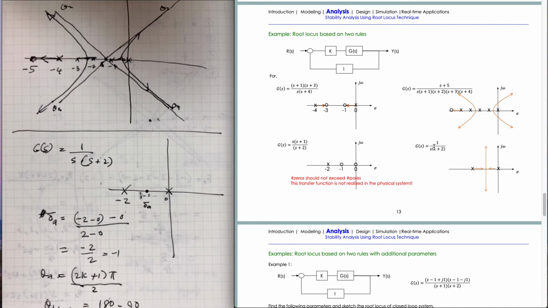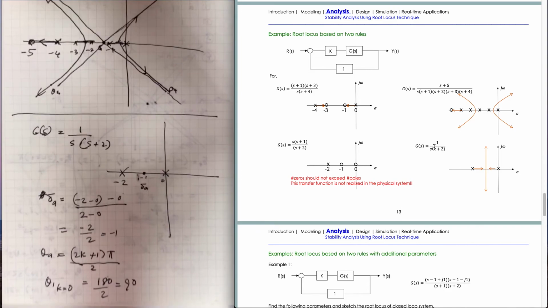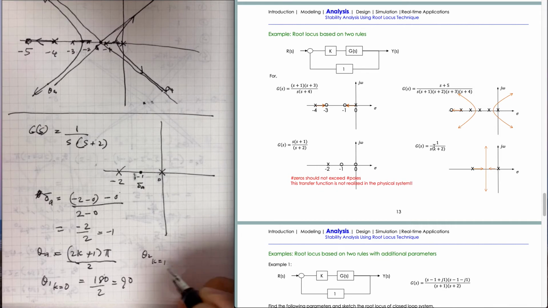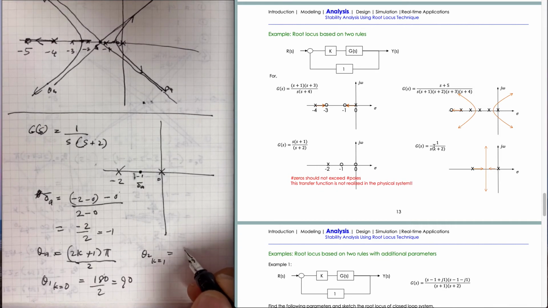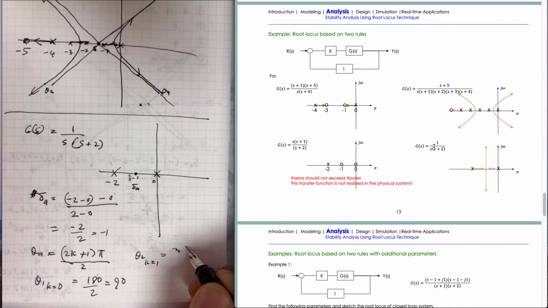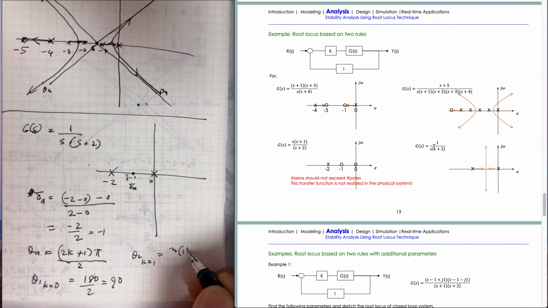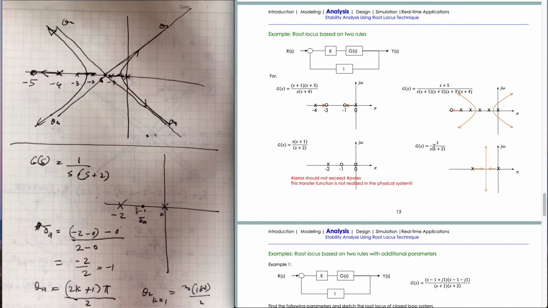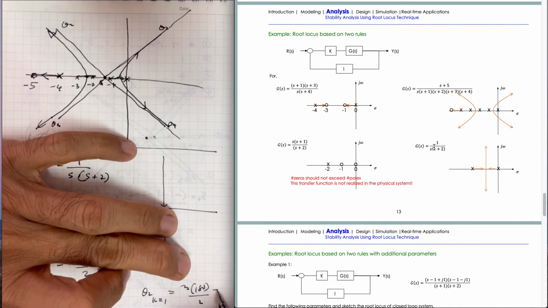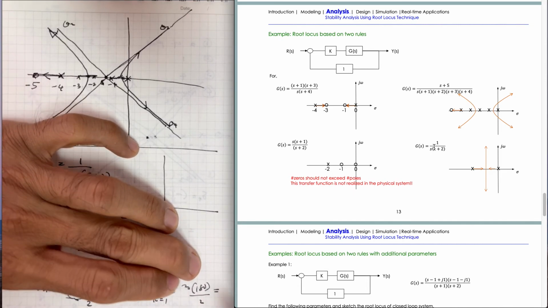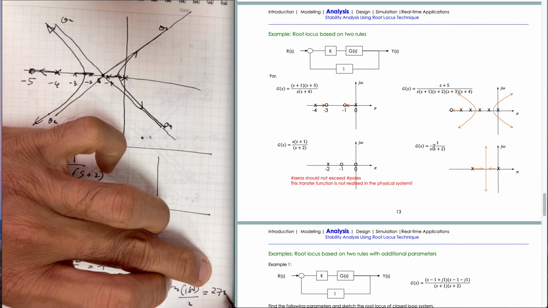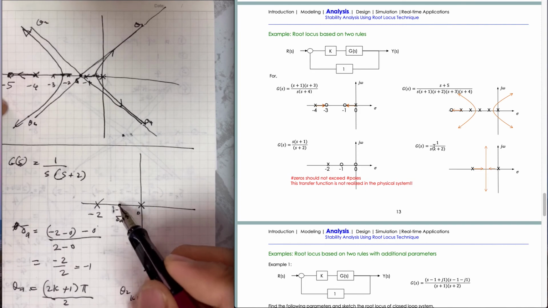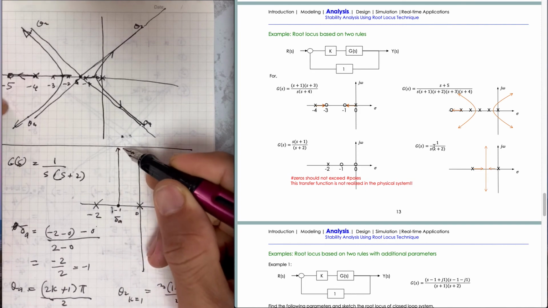That's theta 1. Theta 2, that's k equal to 1: 3 times 180 divided by 2, which is 270 degrees. So from this point we have theta 1 here.